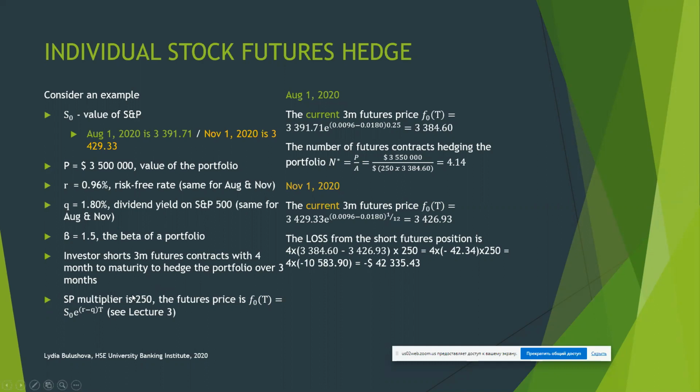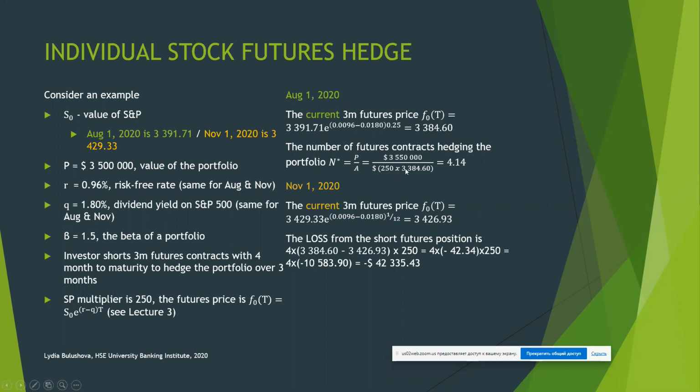And here is the multiplier. So what can we say about this portfolio on the 1st of August? The current futures price here, the number of futures contracts hedging the portfolio.